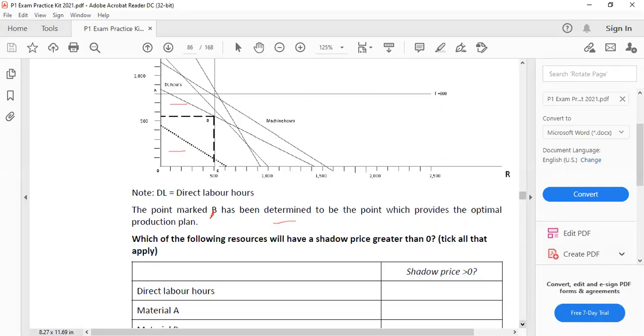So for all the other three constraints, there is slack. Only for direct labor hours, the shadow price is greater than or equal to 0. So in this case, direct labor alone has shadow price.